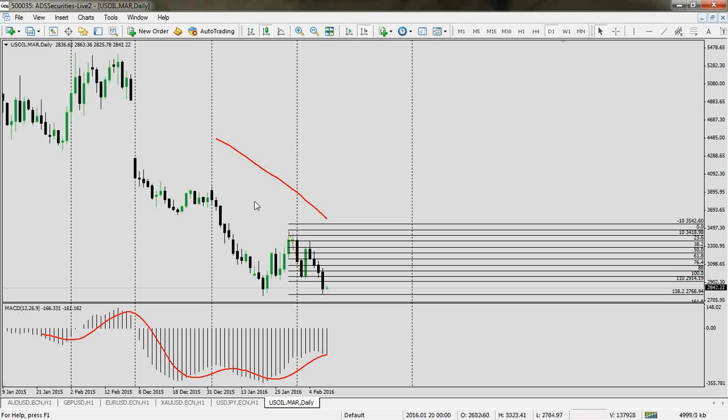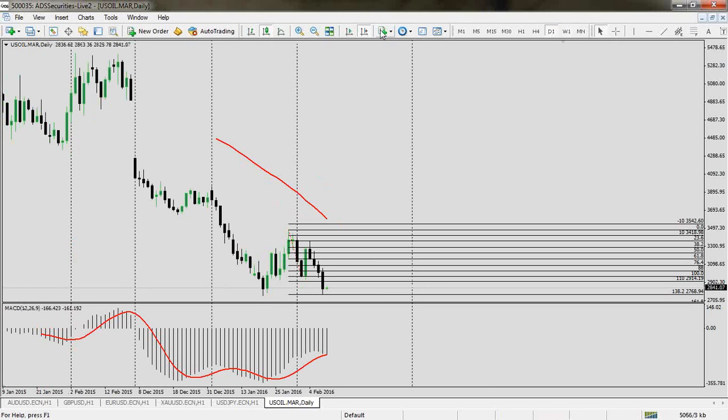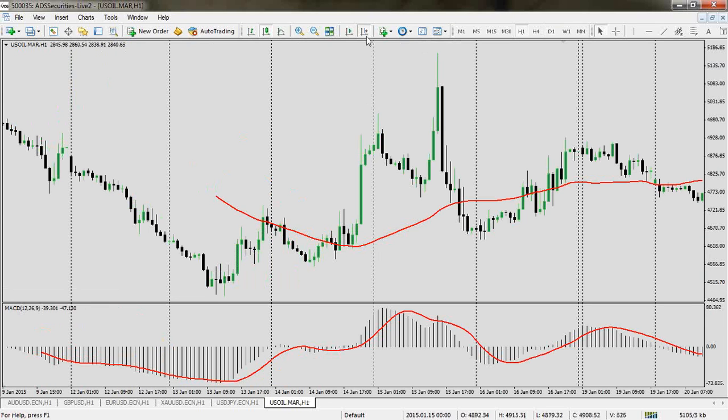When we are looking at crude, by the way, the Fibonacci analysis is completely different from any other Fibonacci analysis that you will see. Therefore, you will not see me analyzing crude with Fibonacci on the weekly time frame, but mostly on the daily time frame. My initial target for it is 138.2, and it's a completely different outlook most of the time.